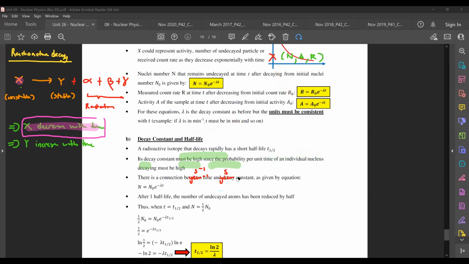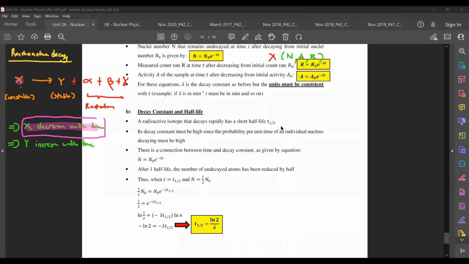Then after that, we move on to the last part. There's a particular derivation for nuclear physics that you need to know. You need to know how to derive this: half-life equals ln 2 over lambda, or lambda equals ln 2 over half-life.